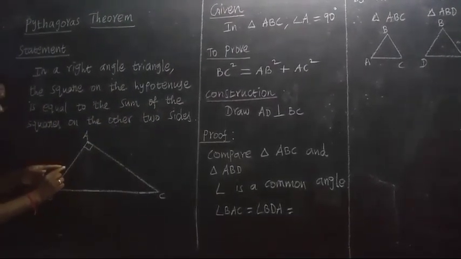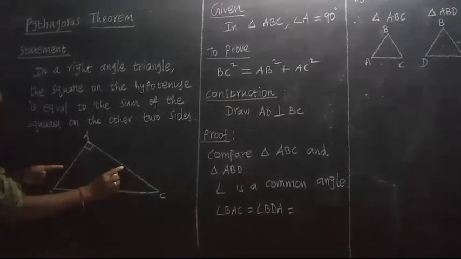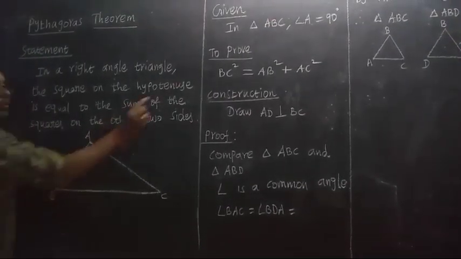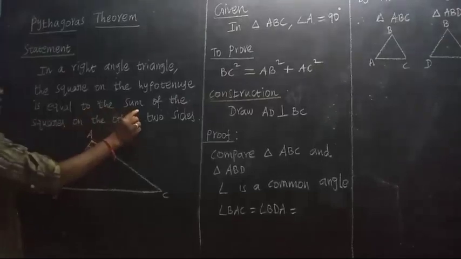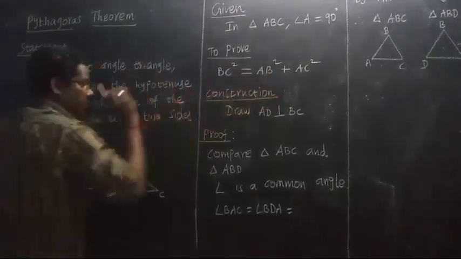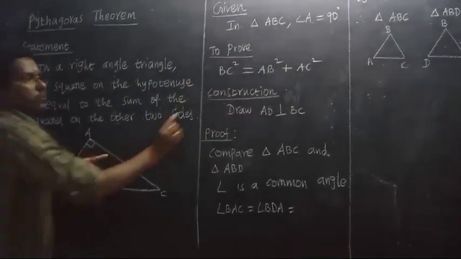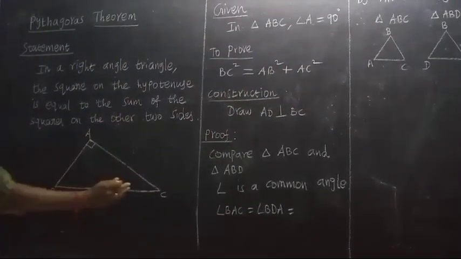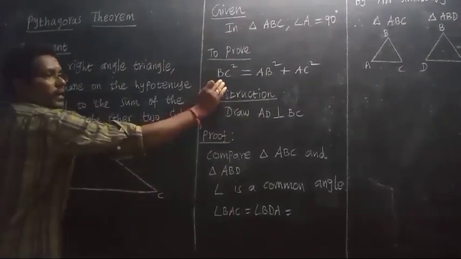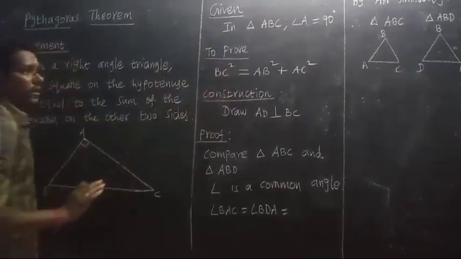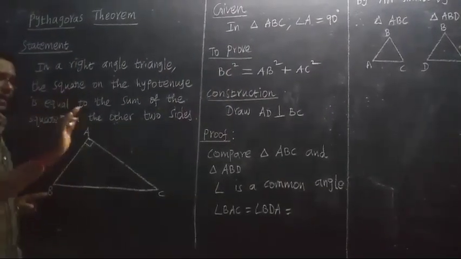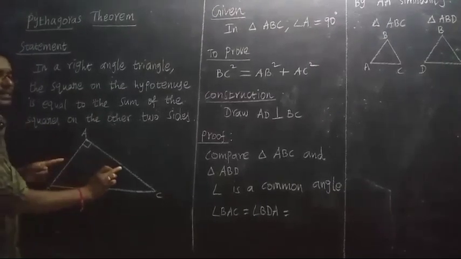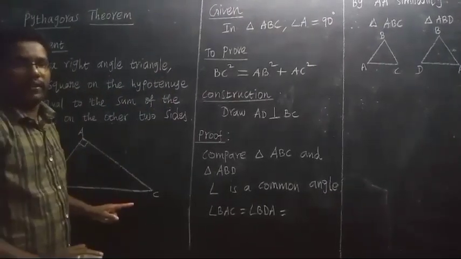The other two sides are AB, one side, and AC, the second side. Taking squares, therefore AB square, sum means plus, and AC square. Therefore BC square equals AB square plus AC square.